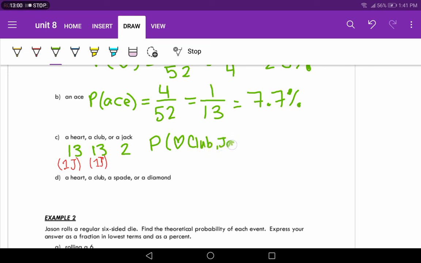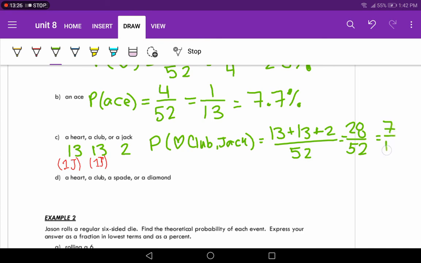or jack. Okay, what we have to do is we have to add these together. 13 plus 13 plus 2 over a total of 52 equals 28 over 52. Again, we want to reduce that to lowest terms. So we're going to divide by 4.